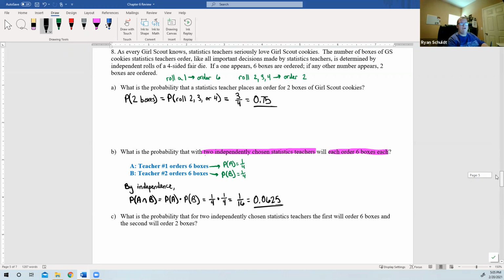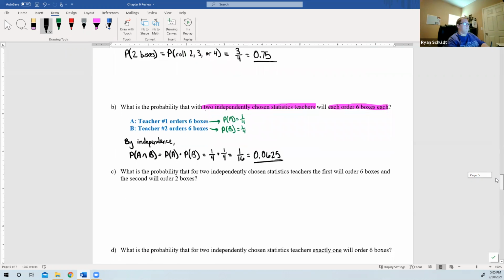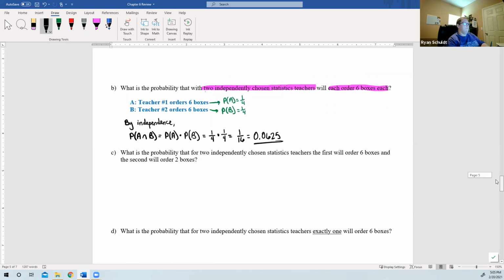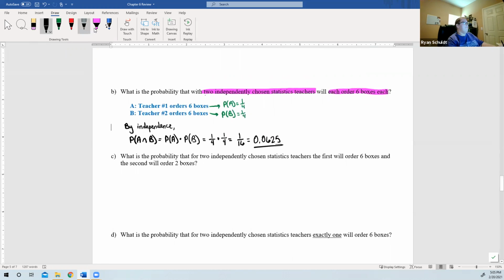Okay, now for part C. What's the probability that for 2 independently chosen statistics teachers, the first will order 6 boxes and the second will order 2 boxes? Well, let's set up our events to ensure that this happens. We're going to define our events similarly.